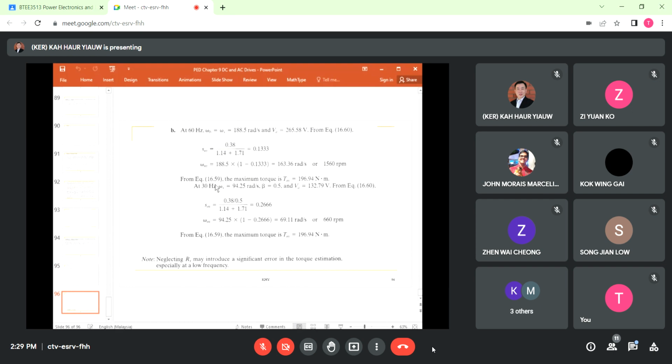From equation 59, maximum torque Tm is equal to 196.94 Newton meter. At 30 Hz, Sm is equal to 0.2666, omega m is equal to 660 rpm, and Tm is equal to 196.94 Newton meter.